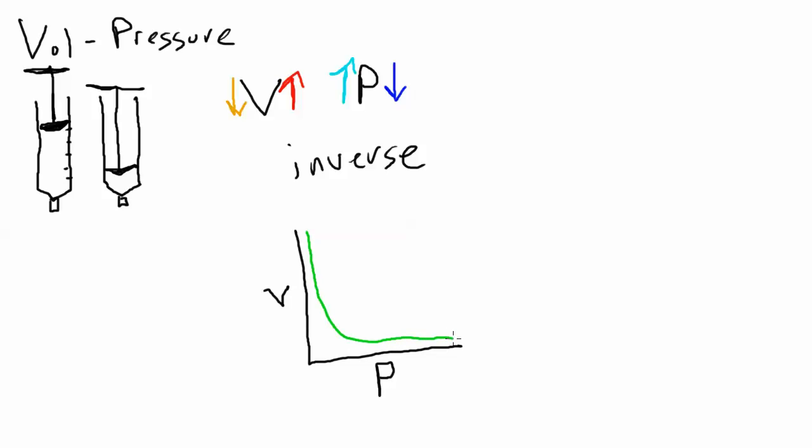So basically what you get is you kind of get a curve like that. But the relationship stands. You know, when the volume is high, the pressure is low. But when the volume is low, volume is low, right? The pressure is high. They're opposites in this case.